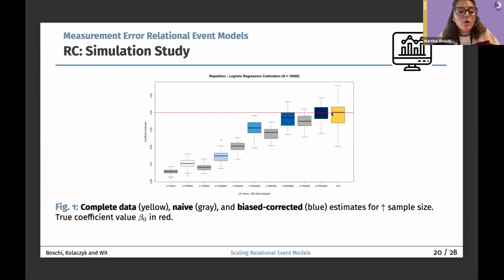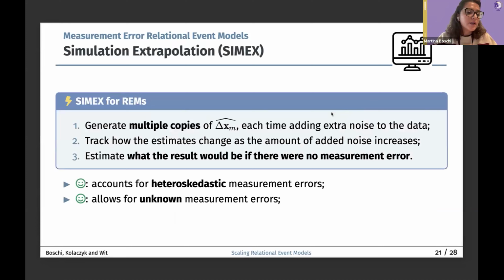So this is why we also explored another technique called simulation extrapolation that is based on the same idea. So we know the relation between the true estimate, the naive estimate, and the variance of the measurement error, and we generate several copies of the estimate depending on an increasing amount of noise, and then we recover the result that would be if there were no measurement error.